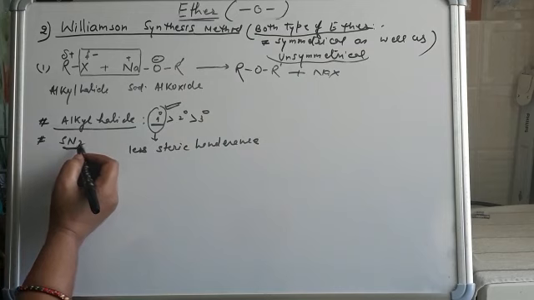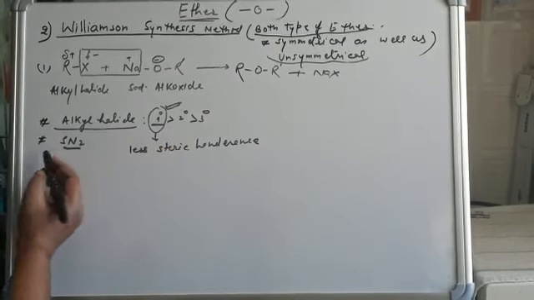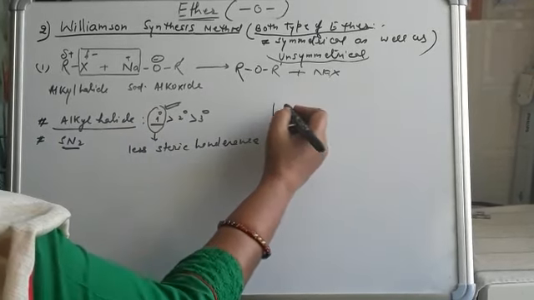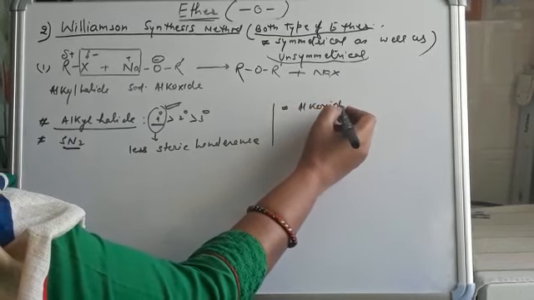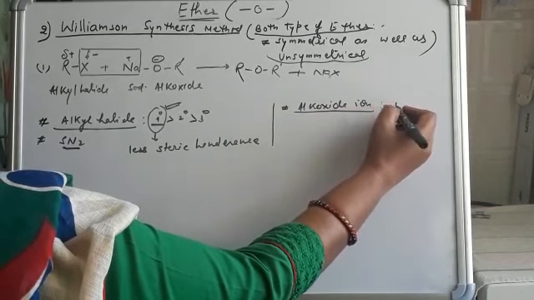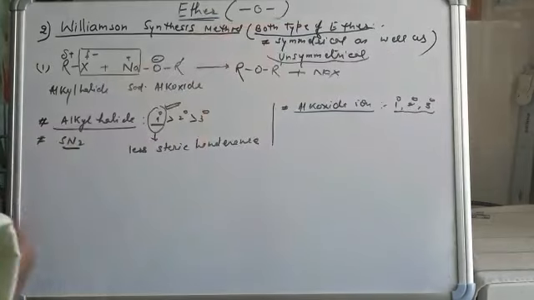And we know that in the SN2 mechanism, 1 degree alkyl halide will be more reactive than 2 degree, than 3 degree. Whereas the alkoxide ion may be 1 degree, 2 degree or 3 degree. Does not matter.